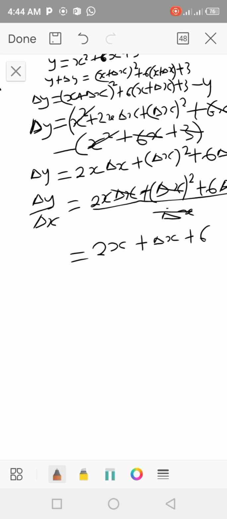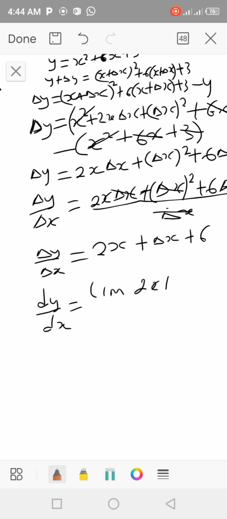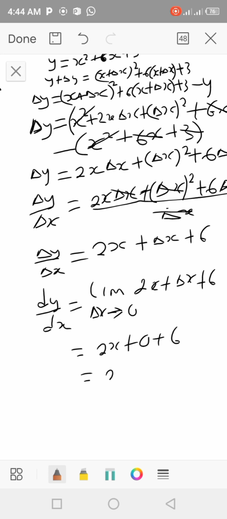So what you have been finding all the way is Δy over Δx, and dy/dx is the limit of that, the limit of 2x plus Δx plus 6 as Δx tends to 0, and that's going to be 2x plus Δx, which is 0, plus 6, which is equal to 2x plus 6.